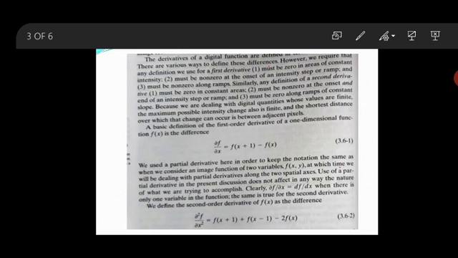Now here I have given two equations, one with the first derivative and the second with the second derivative. I hope you can see here.